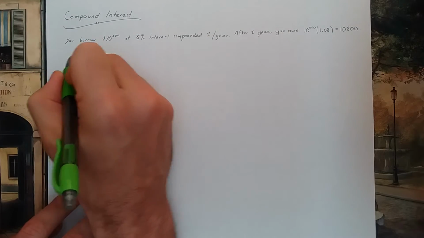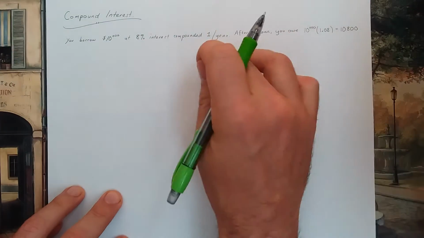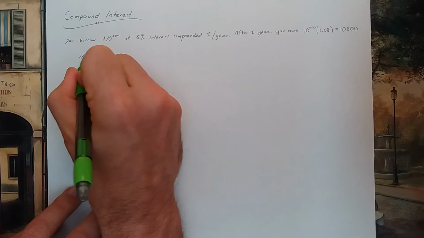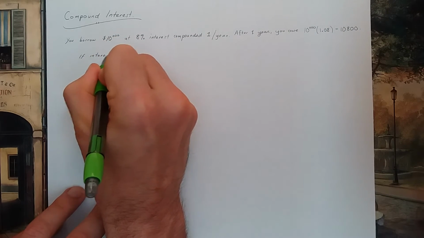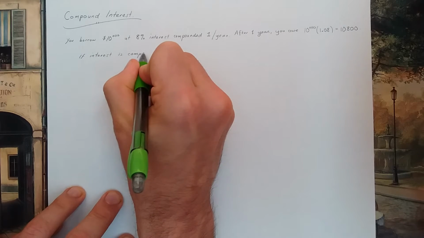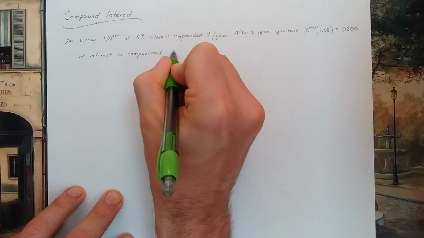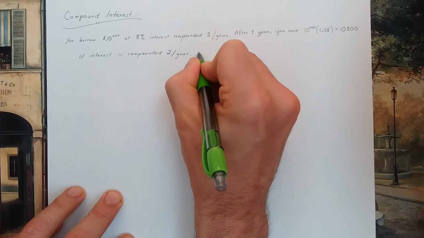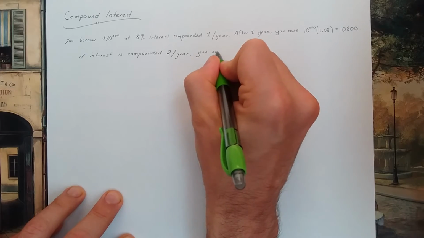Let's suppose interest is compounded more than once a year. So if interest is compounded 2 times a year, you will owe the following.